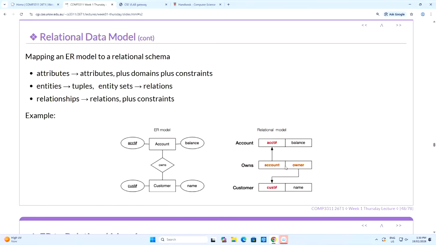We also need to tell them that account is basically the account number, and owner is basically a customer number from the customer table. So we make these arrows to indicate that this is a foreign key. It is referencing the primary key of another table, and this owner is basically the primary key of the customer's table.